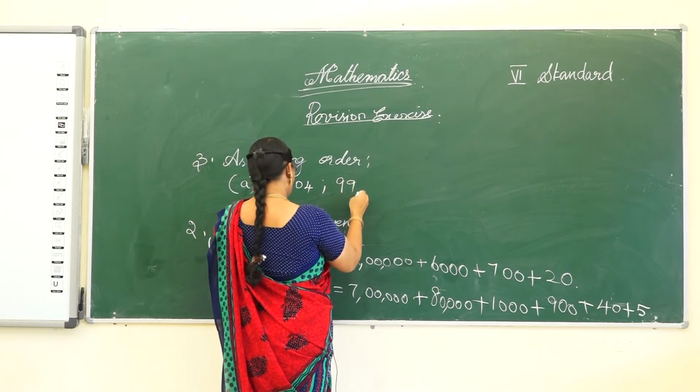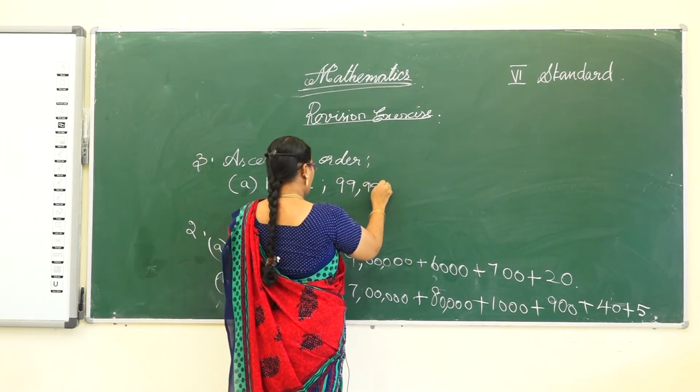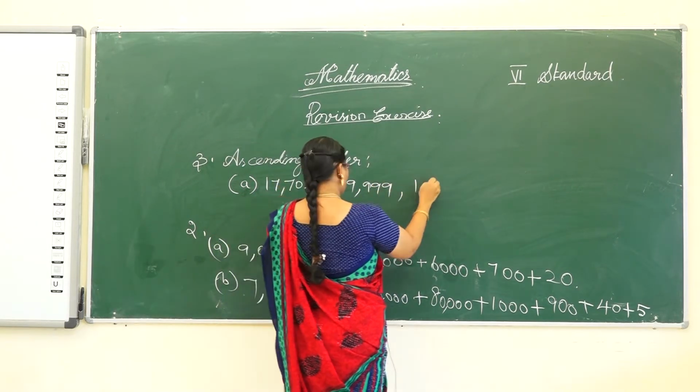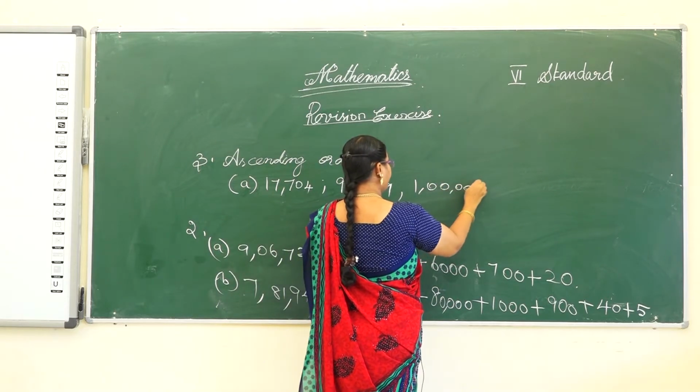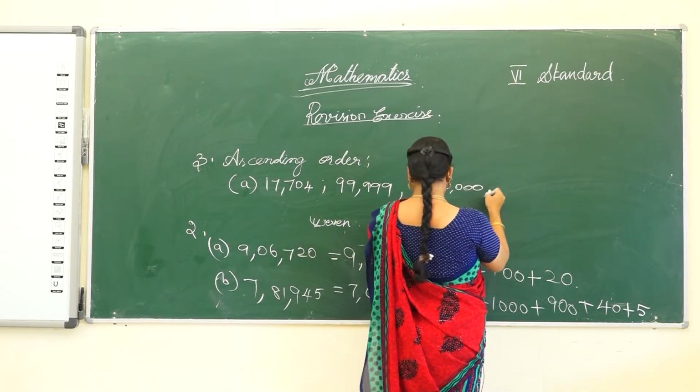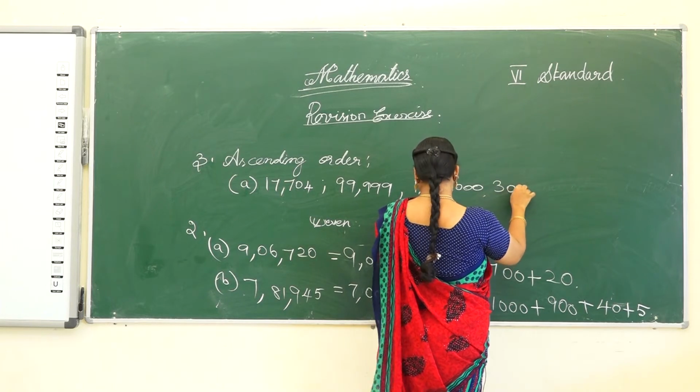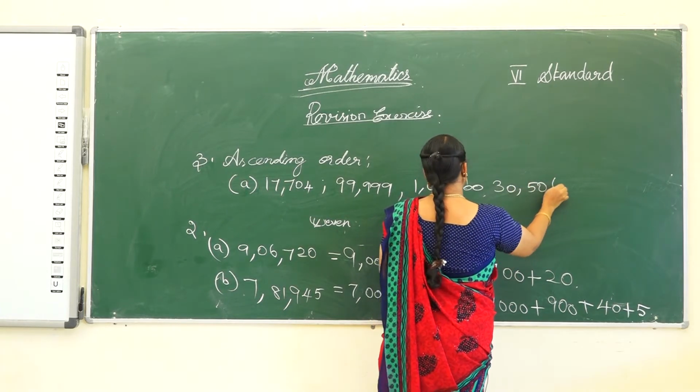Next number, 99,999. Next one, 1 lakh, and then 30,506.